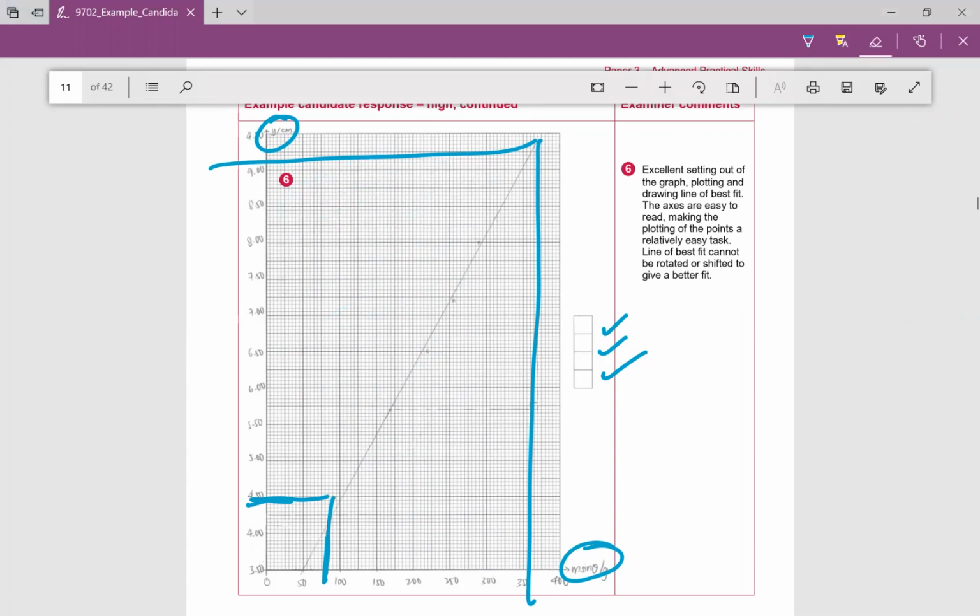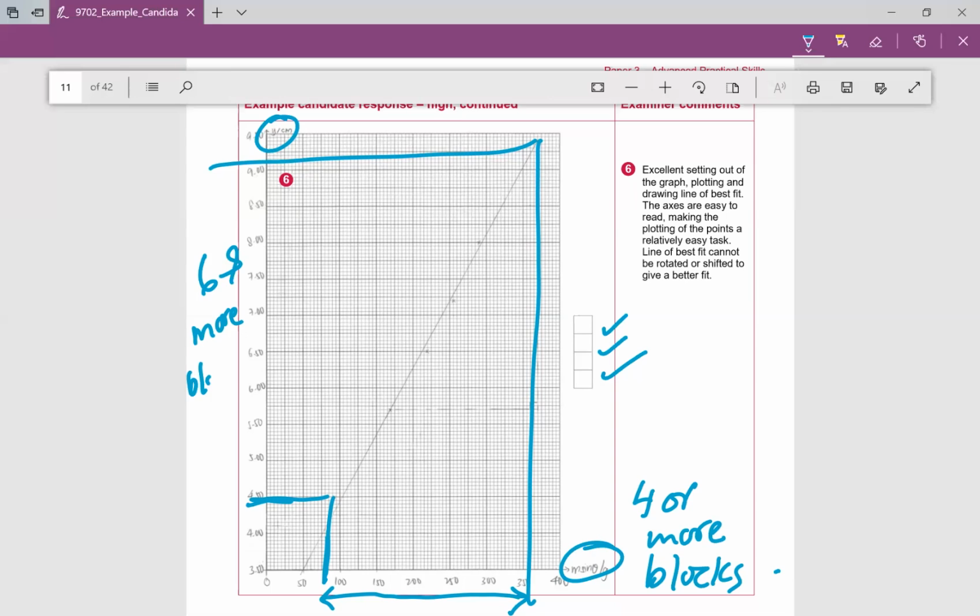Simply, the values on the x-axis should fall onto a length that is more than half the length. So you have 1, 2, 3, 4, 5, 6, 7, 8 blocks. So 4 or more blocks for the x-axis, 6 or more blocks for the y-axis. That is going to basically suffice that requirement.